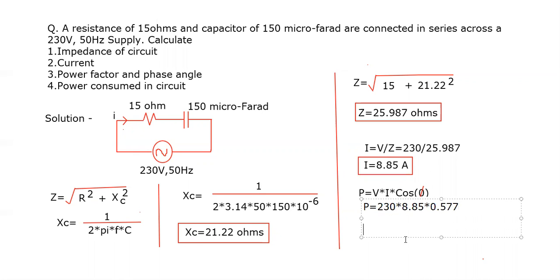Okay, so power obtained is 1174.9, and the unit of active power is watts. So this much power is consumed in the circuit. It is our fourth answer, last answer.